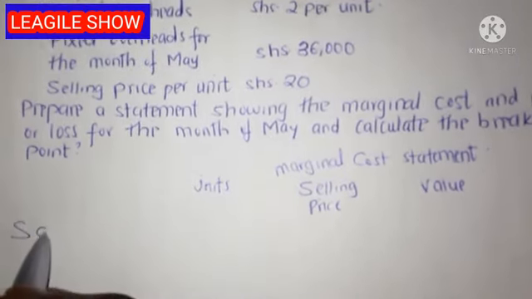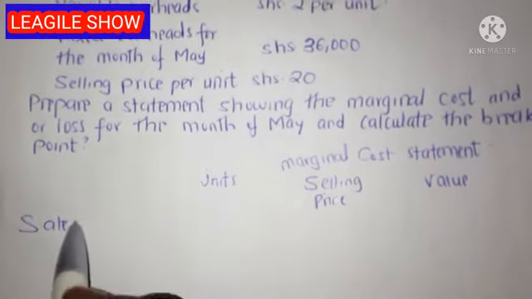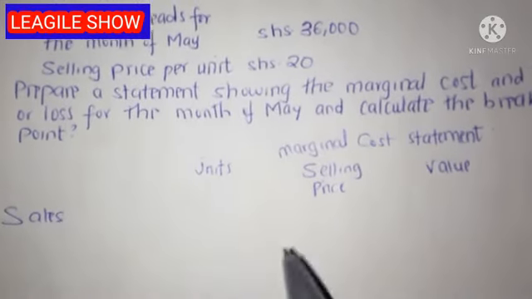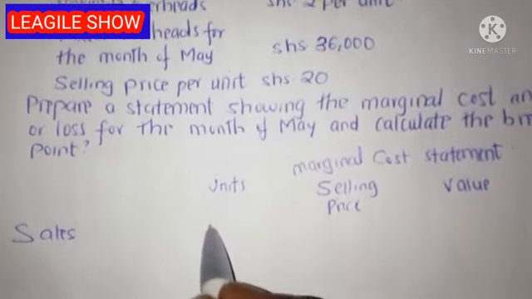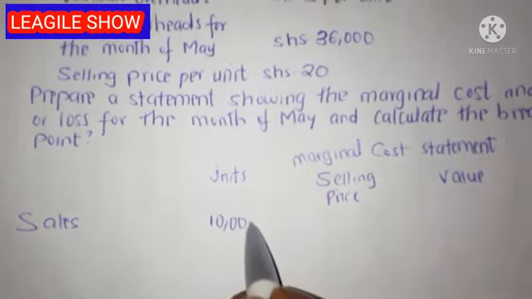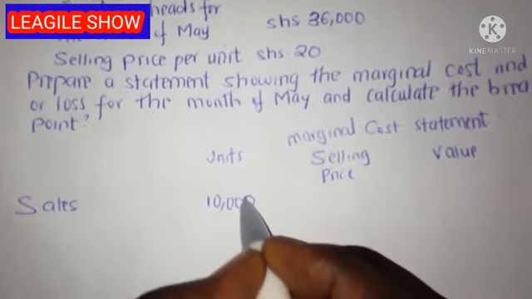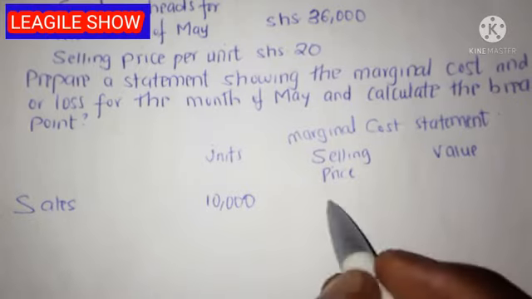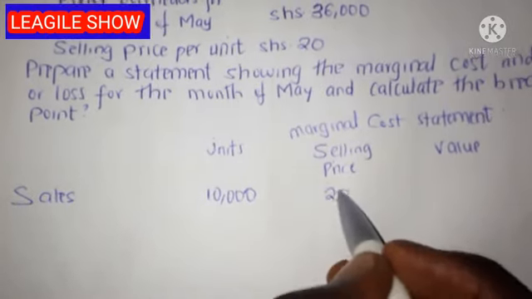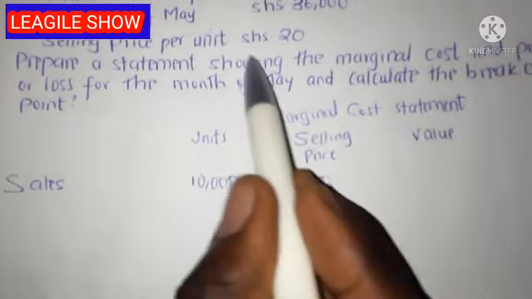So our sales is equal to, remember it was 10,000 units. It was sold at 20 shillings. That was our selling price per unit.